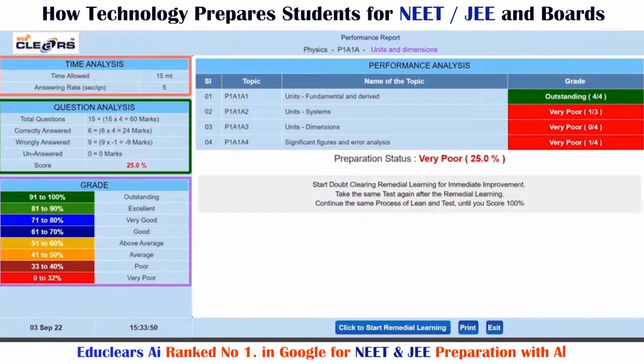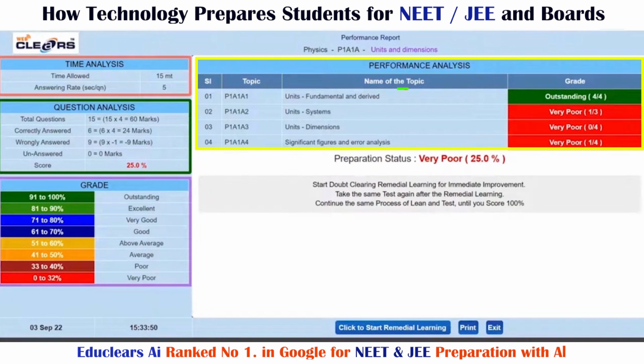The left-hand side of the report will show the statistical performance where out of the total number of questions, how many were correctly answered and how many were wrongly answered. The right-hand side report shows further 4 divisions in unit and dimension to show where exactly the student is lacking.